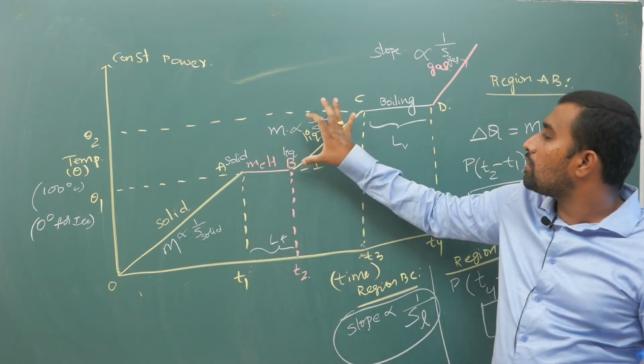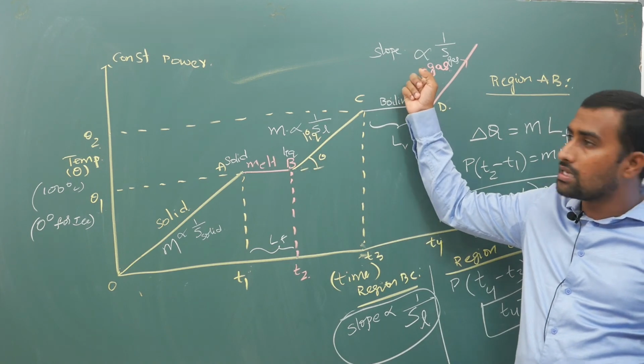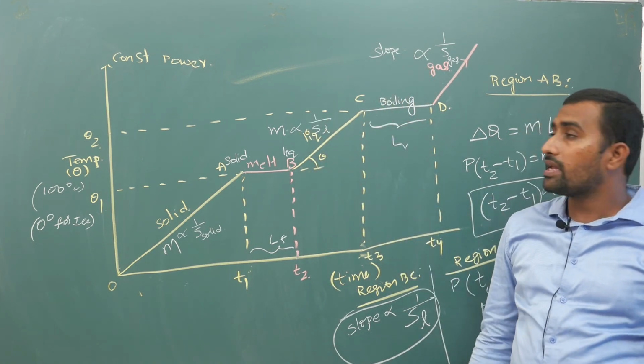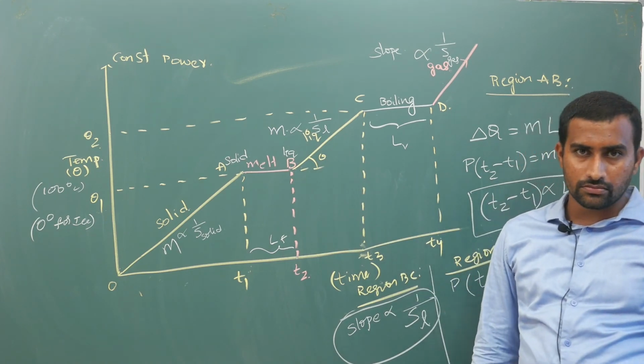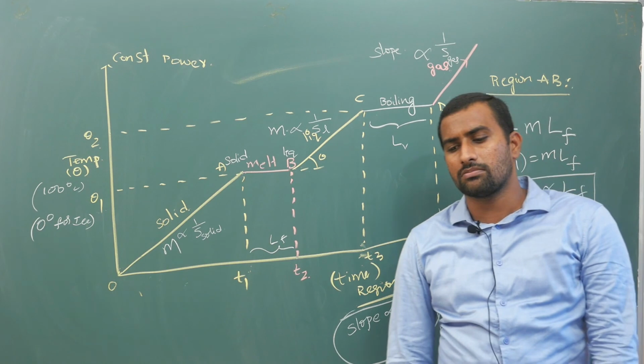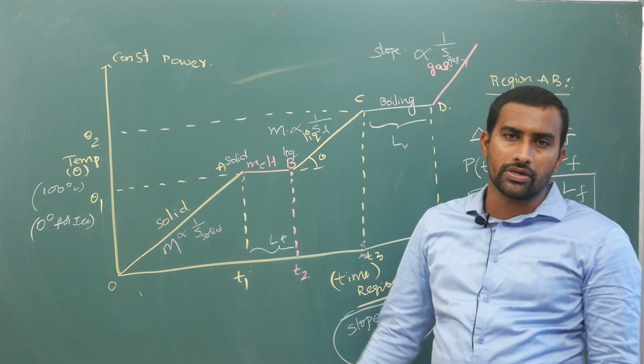If the slope of this is the biggest of all compared to the solid and gas, its specific heat will be the least. It is inverse proportionality. Based on these graphs you will have simple questions. Once you have understood this graph properly, it's not going to be a big deal.